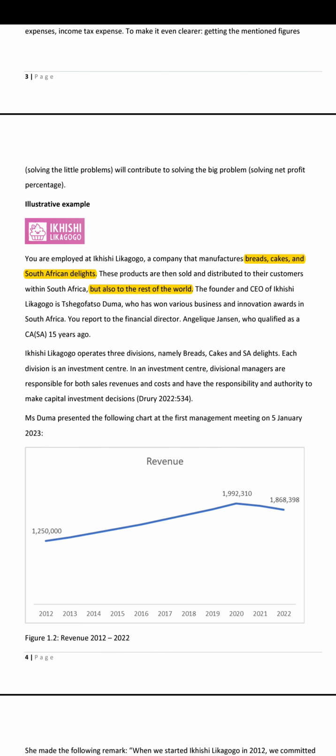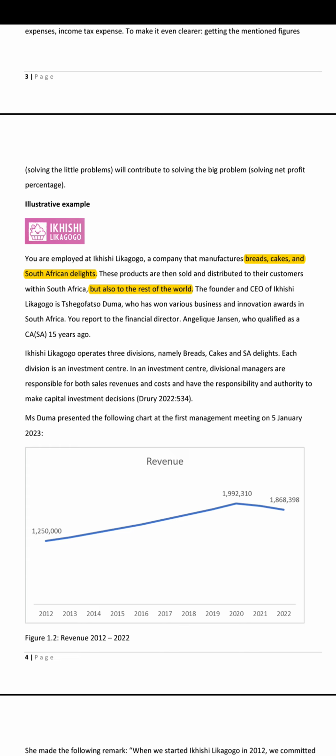Right. So then let's continue from that point. The founder and CEO of the company is Tsegofacho Duma, who has won various business and innovation awards in South Africa. So that's great. And you report to the financial director, Angelique Janssen, who qualified as a CA 15 years ago.